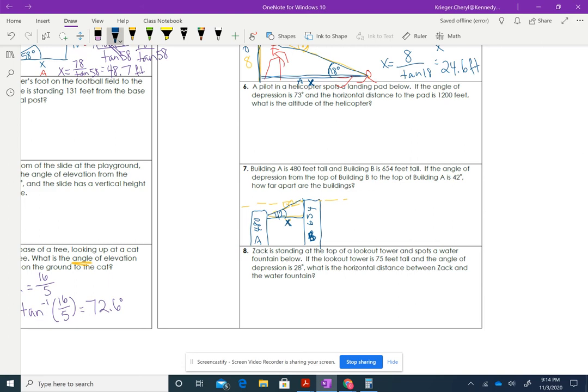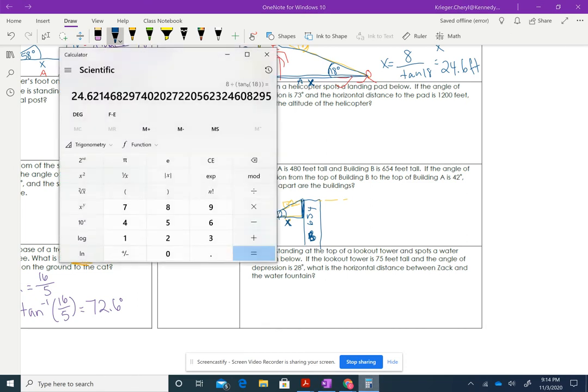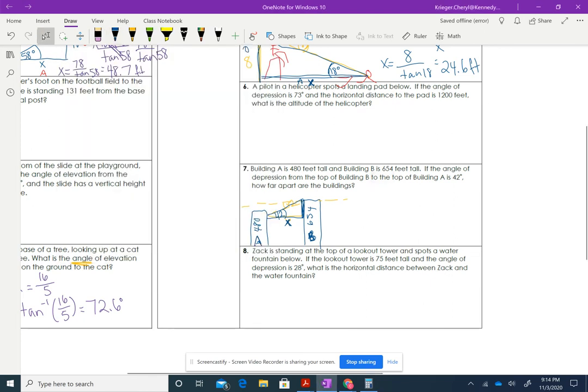So I'm taking the height difference between building B and building A, right? So I'm going to do 654 minus 480. Which is 174. So this is 174.